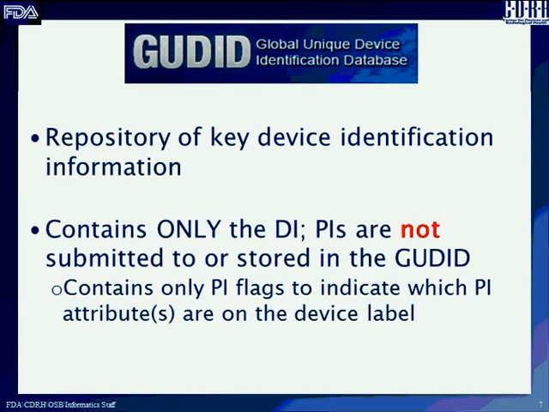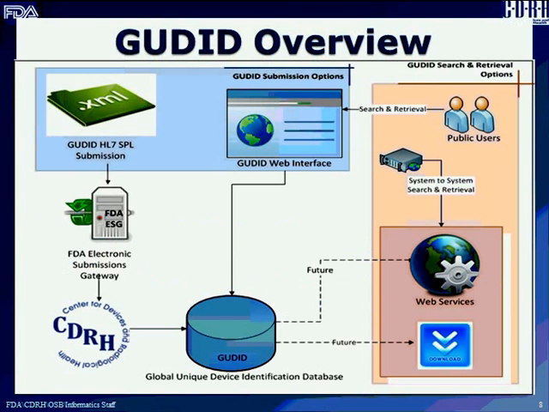The next slide shows you a pictorial overview of GUDID. On the top left-hand side, you see in the blue 2 GUDID submission options. These are the 2 options that labelers of devices have open to them to submit information to GUDID.